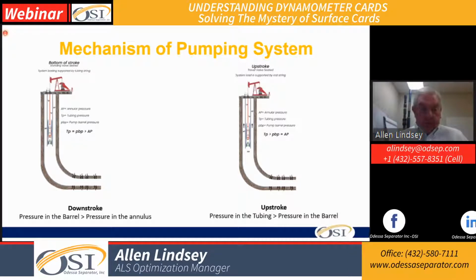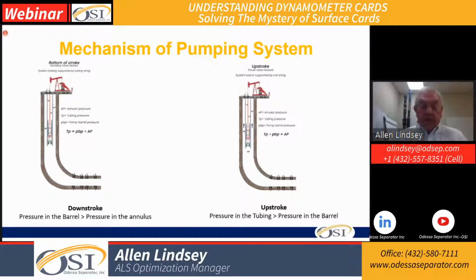Annular pressure, noted as AP here, is a result of the fluid above the pump in the annulus and does not change for any individual pumping cycle. Pump barrel pressure, PBP here, changes from upstroke to downstroke to allow the pump valves to operate.